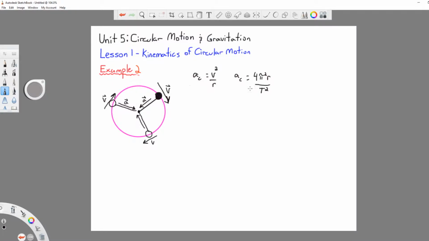Period is the time it takes to make one lap around a circle. Okay, this is often referred to as the period formula or the period centripetal acceleration formula, because vice versa, if you're given AC and radius, we can find period, or we can find AC or R, given the other two. Where 4 and pi are just absolute values and they're never really going to change.